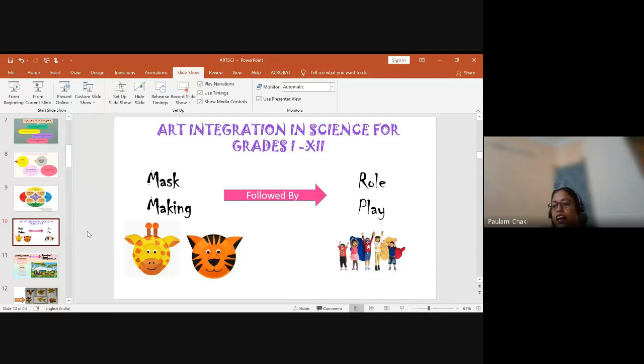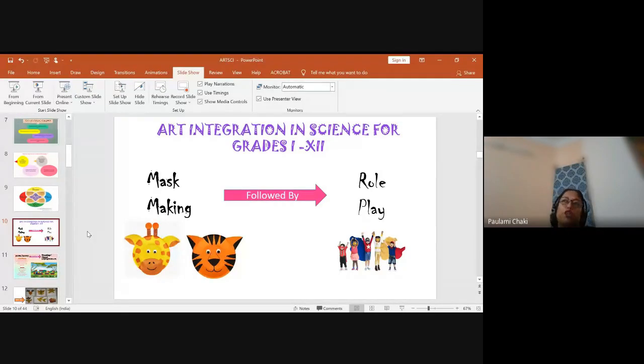Coming to mask making again, I remember when I was teaching plants in the lower grades, we were teaching fibrous root and taproot, then flowers, parts of a plant, basically. So I asked my students that we will do a JAM. And what is JAM? JAM is Just A Minute.